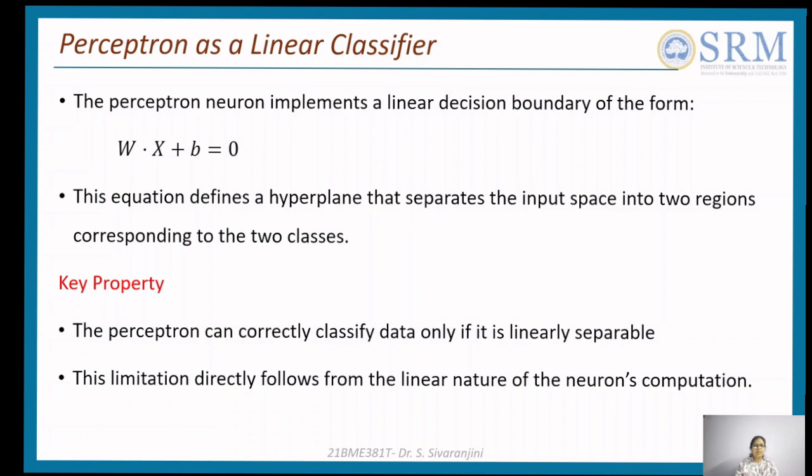It works only for linearly separable data. For example, an OR gate is linearly separable: if you plot the inputs of the OR gate, the data is linearly separable. An AND gate is also linearly separable. But if you go for an XOR gate, the data is not linearly separable, and the perceptron fails when we try to classify it as zeros and ones.